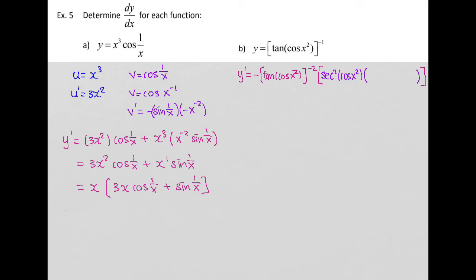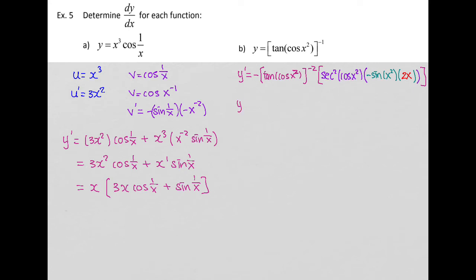Now, let's look at differentiation of the cosine, which is negative sine. So we do negative sine. And copy down the angle, doesn't change, and do another open bracket for differentiation of the angle. And we know the differentiation of the angle is 2x because the angle is x squared. And that will be our differentiation.